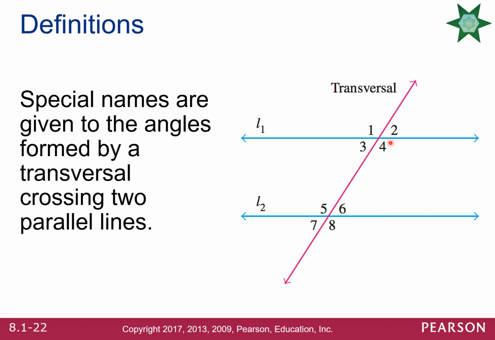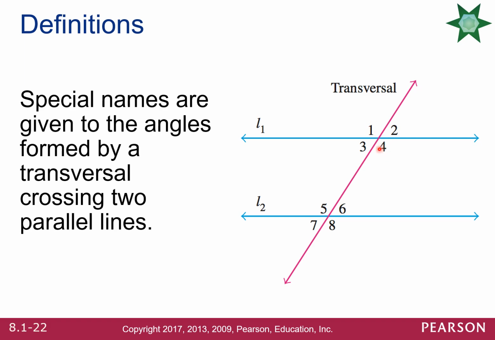Now, when a transversal intersects two parallel lines, the angles that are formed have some special relationships. We already know that there are vertically opposite angles.